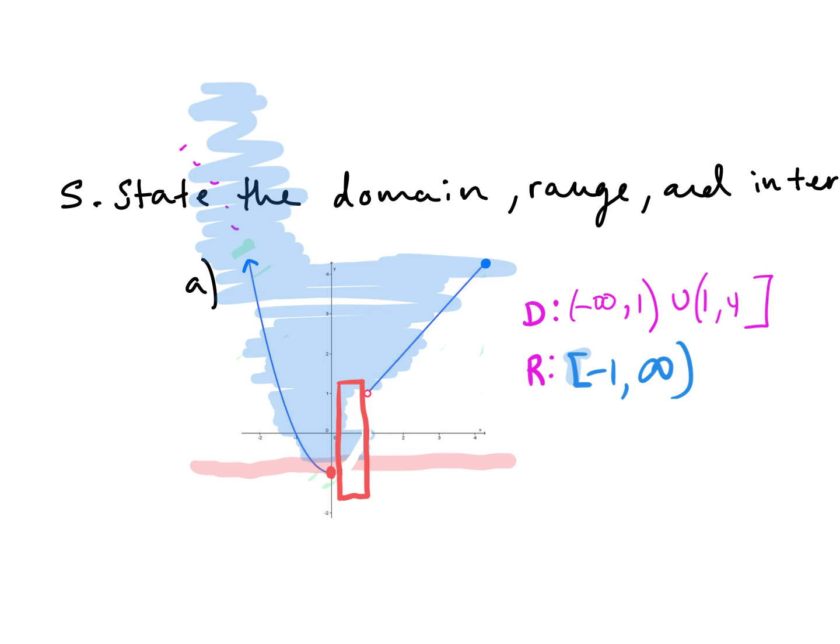So your domain here would have a specific break from negative infinity to 0, and then it picks back up again at 1. So it would be negative infinity to 0, union, 1 to 4. You're looking for specific breaks, and it has to be where everything on the graph is non-existent, not where just one piece is missing. It's not on this piece, but it's on the other piece. If it's on one piece, then you have to account for it.